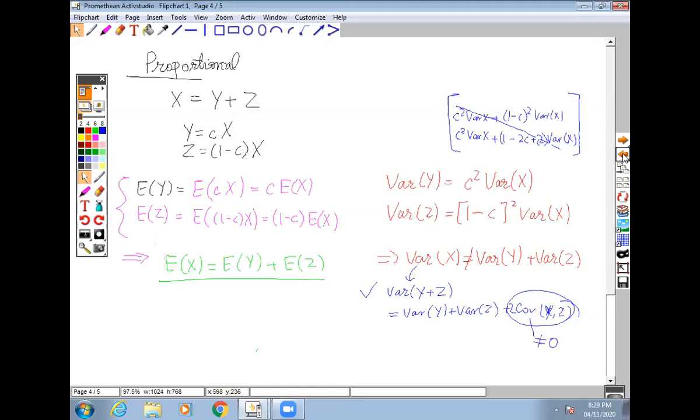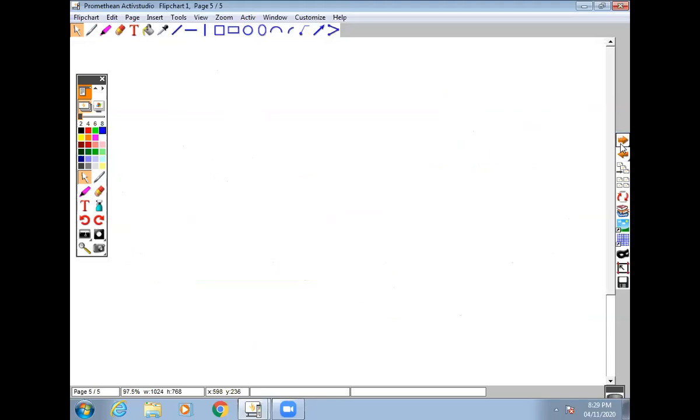Okay, so let me break it down. It does not make any sense to add up these variances. Let me draw some graphs so it can be a bit clearer. Let us say my claims distribution is this.